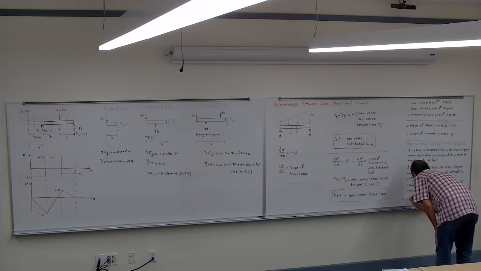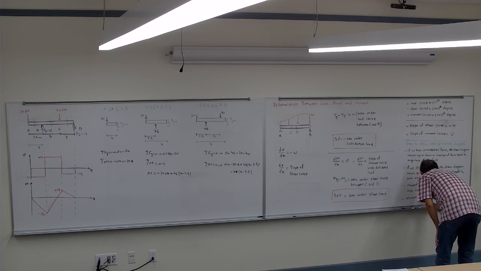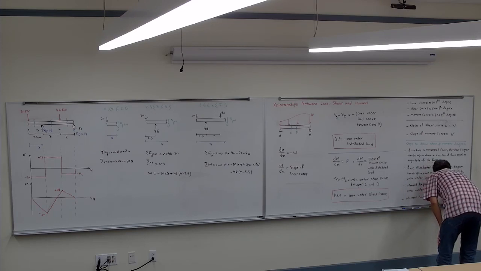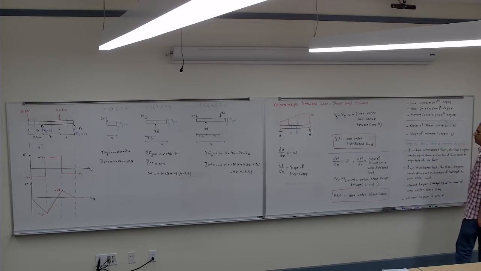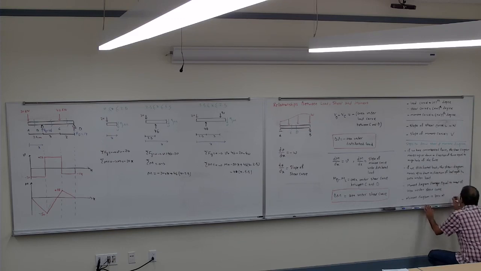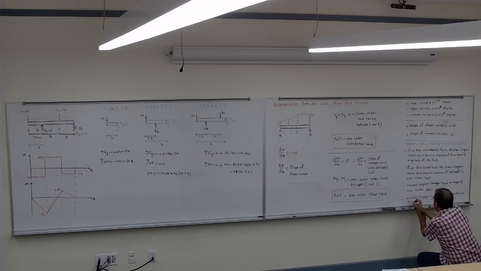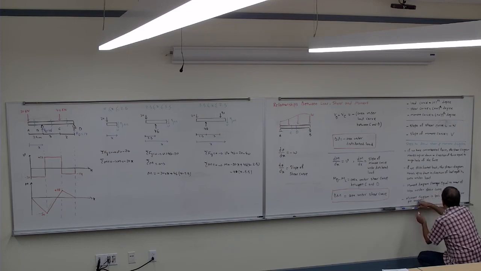And then the moment diagram is 0 at an end roller or pin support. Remember that the end is important.